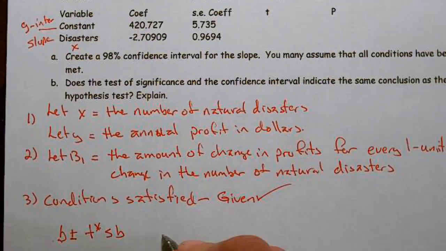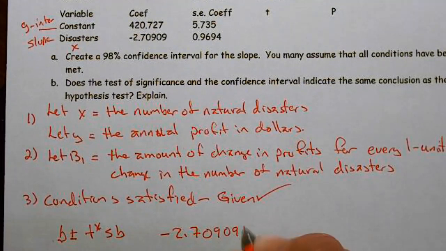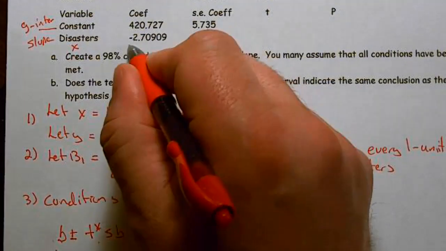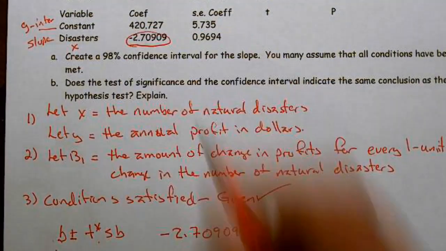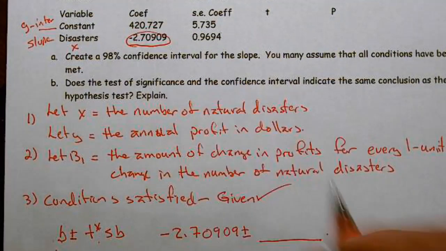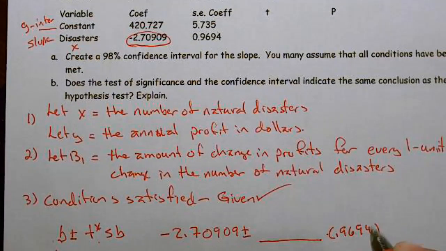So I have negative 2.70909 plus or minus. I don't know T star, so I'm going to leave a blank for T star. We'll come back to get that. This is my slope, I got that from right here. But I do know SB, which is 0.9694. So now I need to calculate T star.